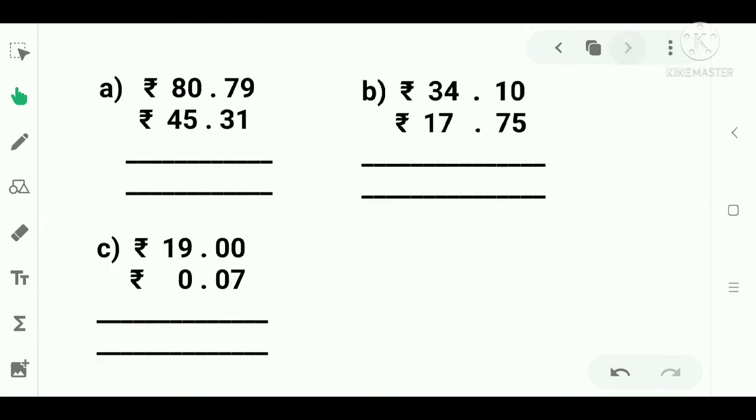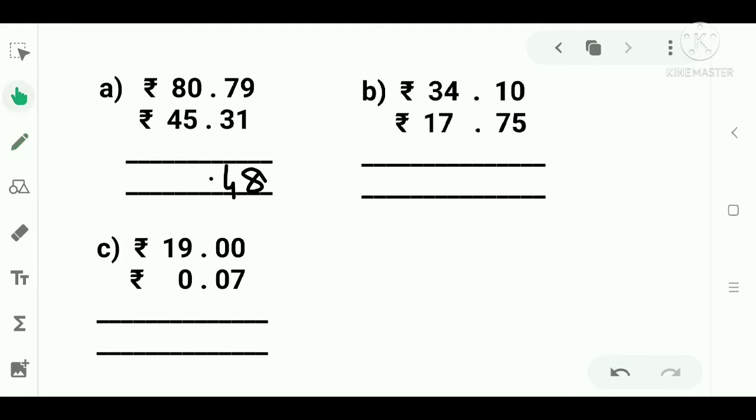Let's do. So students, here I have already written 80 rupees 79 paise, 45 rupees 31 paise. Now we will subtract it. Now 9 minus 1 is 8, 7 minus 3 is 4, then point we will write.